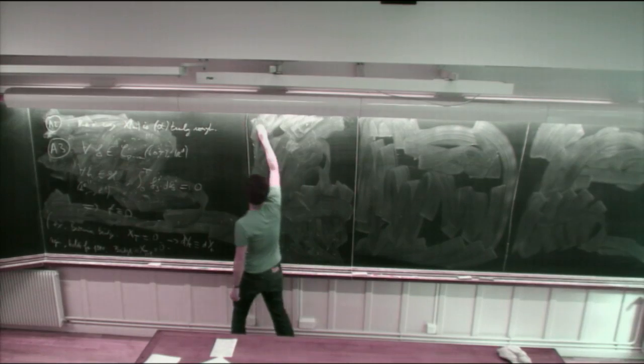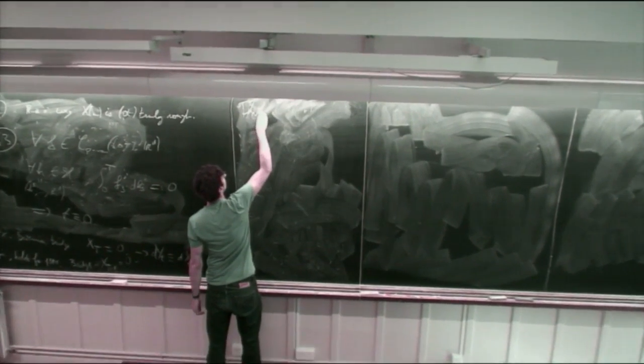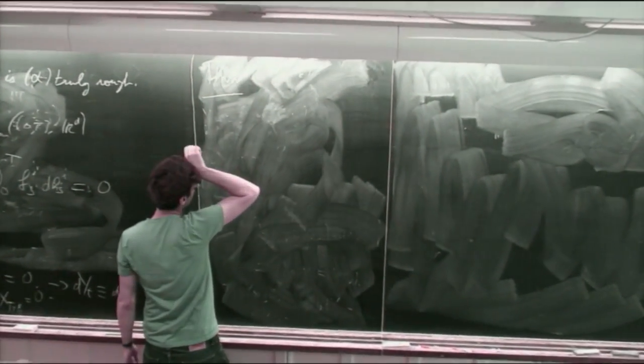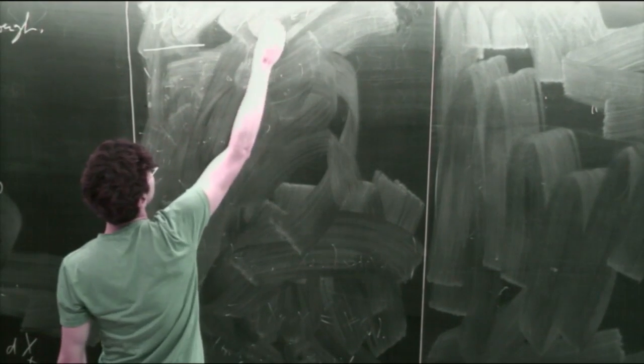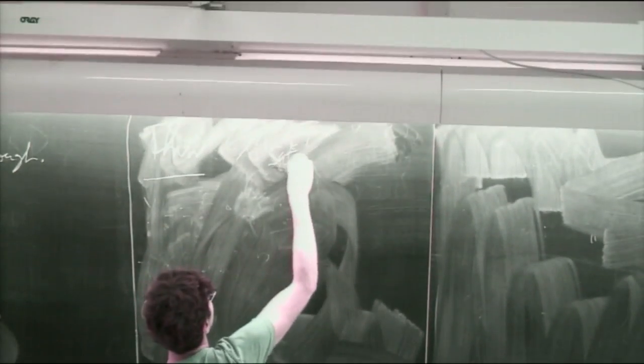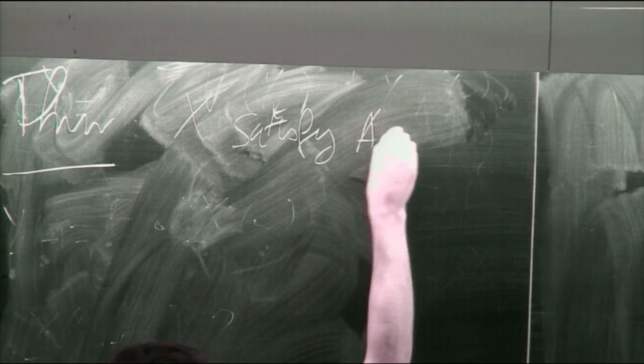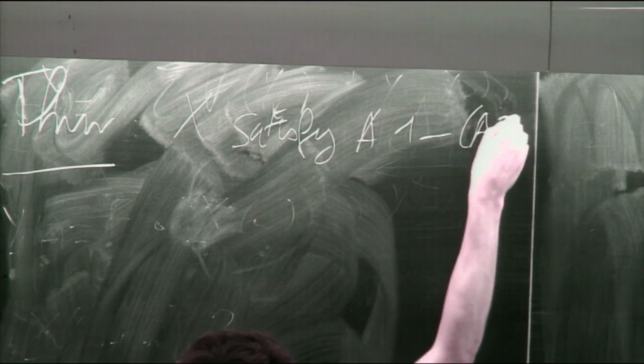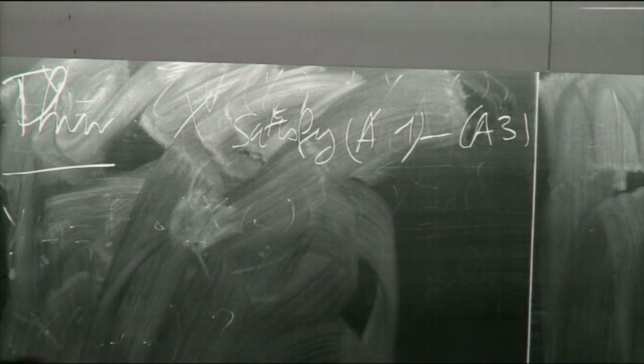Okay, so here's the statement of the theorem. Let X satisfy all these assumptions, basically A1 up to A3, and then we assume the Hörmander condition also.